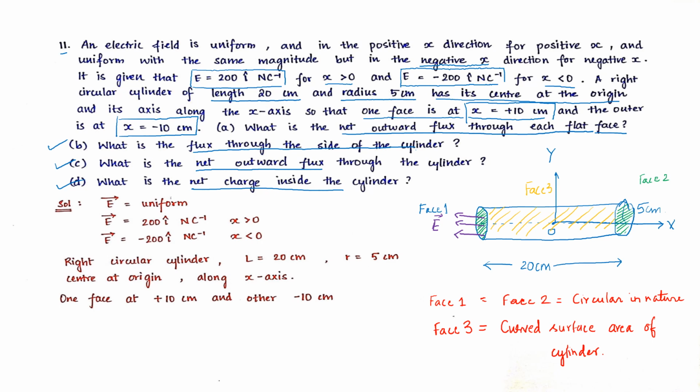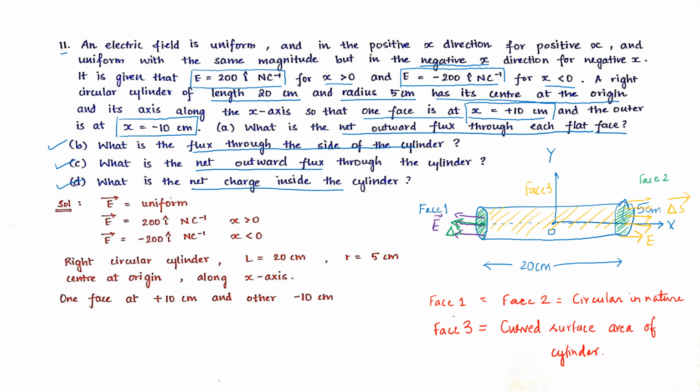This is the direction of dS. Similarly, in face 2, E will be in this direction, electric field lines will come out from here, and our surface area vector will also be along the same direction.